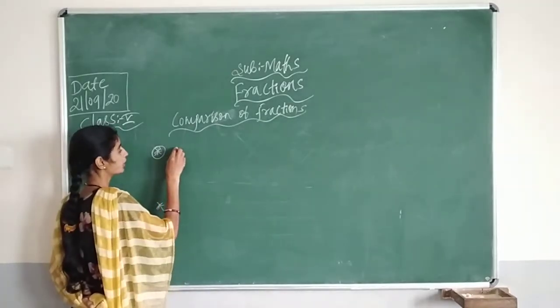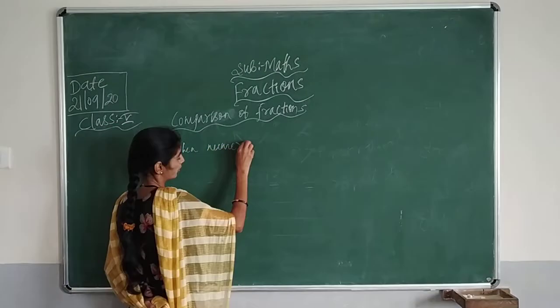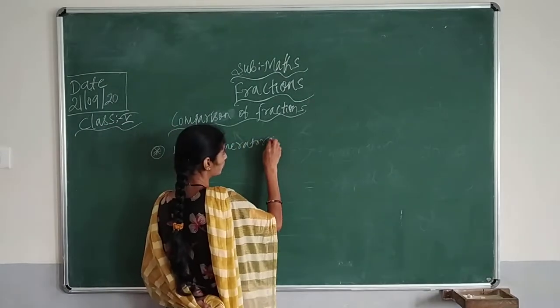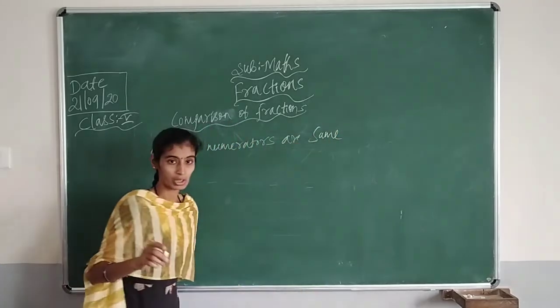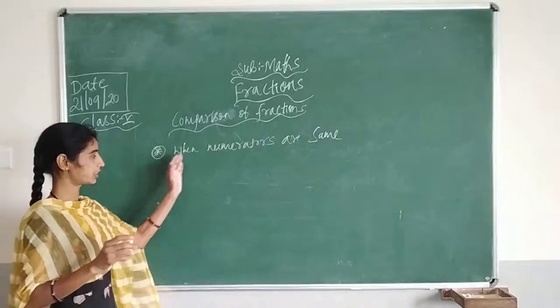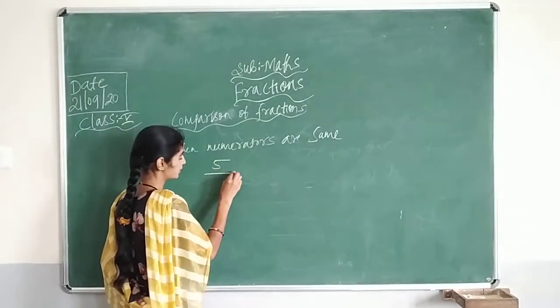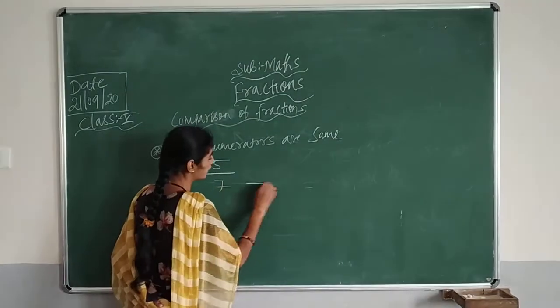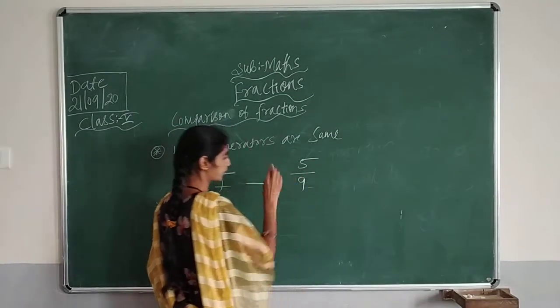First, when numerators are same, how do you compare? Let me take two fractions, 5 divided by 7 and 5 divided by 9.